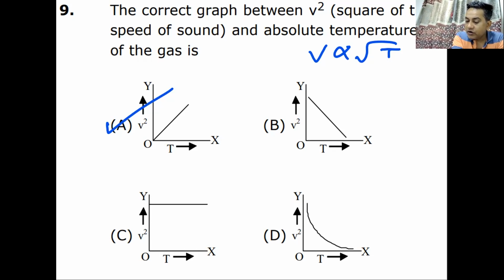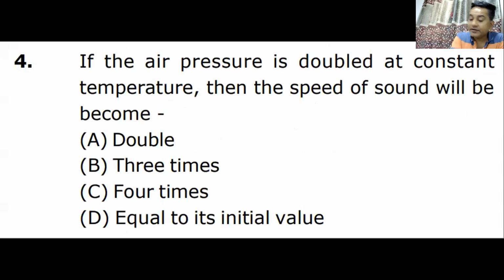Let us now move on to the next question and see if you can give me the answer for this one. Air pressure is doubled at constant temperature. Remember, temperature has not been changed, but the pressure has been doubled. That means PV is equal to nRT. Temperature has not been changed, volume has been changed.